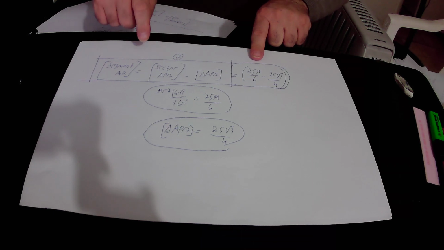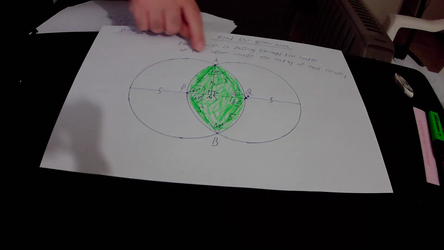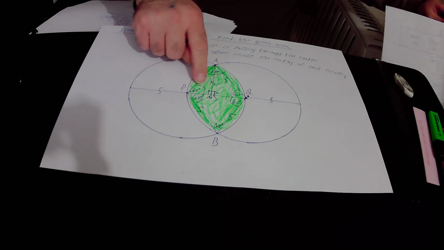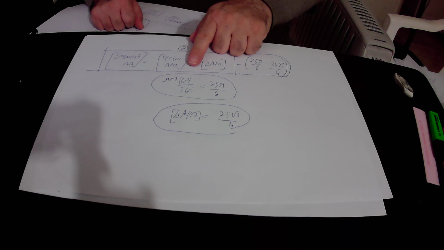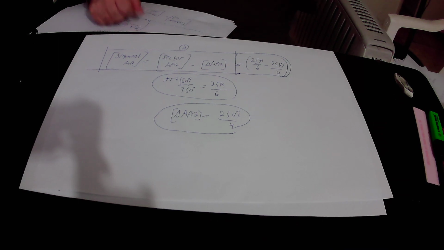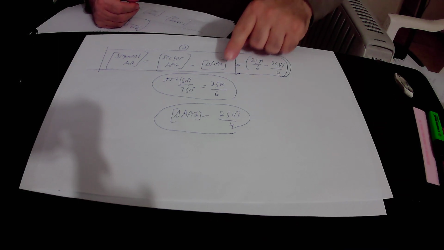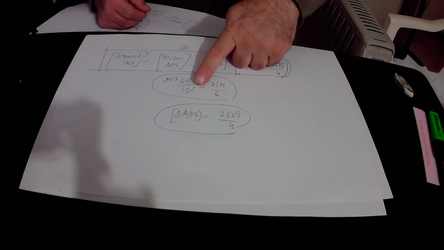Why? Because the area of sector APQ is pi r squared times 60 degrees over 360 degrees. R equals 5, so r squared is 25. So in the numerator we have 25 pi over 6, because 60 over 360 is 1 over 6.